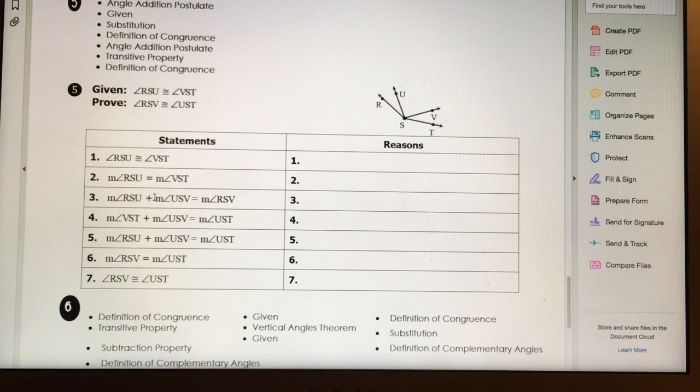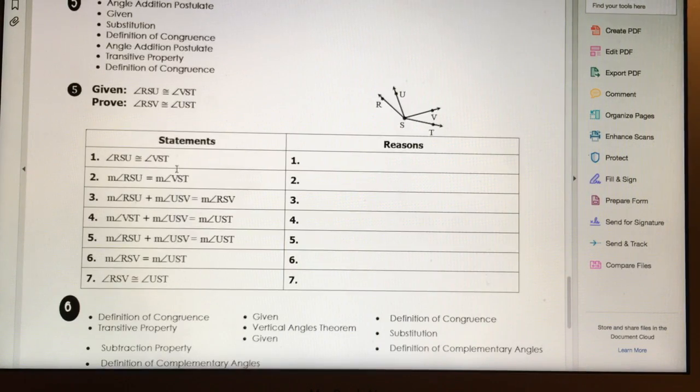And notice further up, we know that those are equal to each other. So what must we have done to get to step 5? If you're thinking substitution, then you are right. The substitution property. We substituted measure of angle RSU for the measure of angle VST, and it created this equation right here. So that was substitution property for number 5.